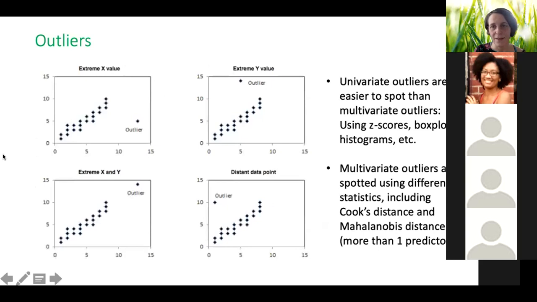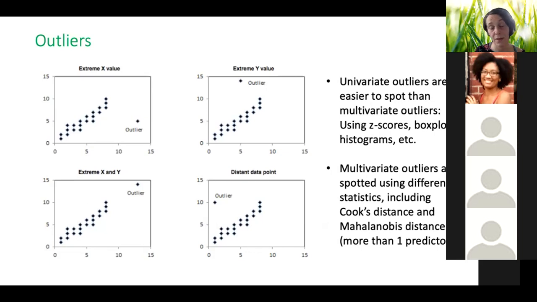So these are a few examples of what outliers could look like, both the univariate outliers and the bivariate outliers. Of course, univariate outliers are easier to spot with a scatter plot or other visual display.